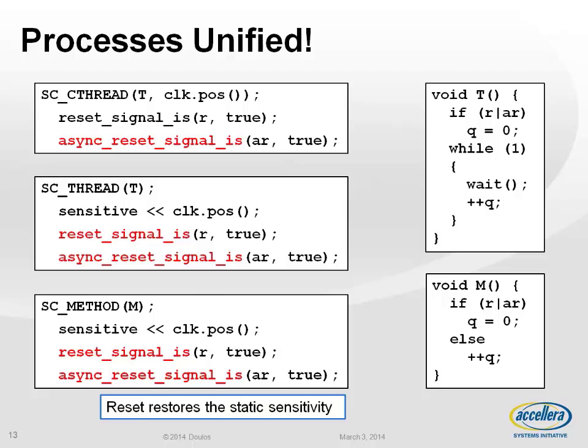So technically, what's the point of having these red lines at the bottom? Well, the only thing they do that's good to know about if you play with this at home is that they actually reset the sensitivity of the method process.